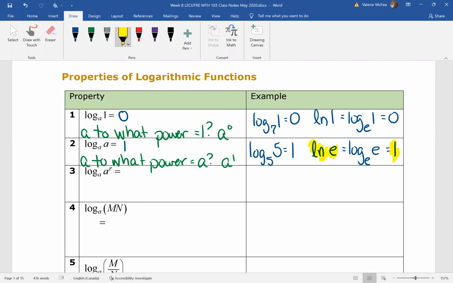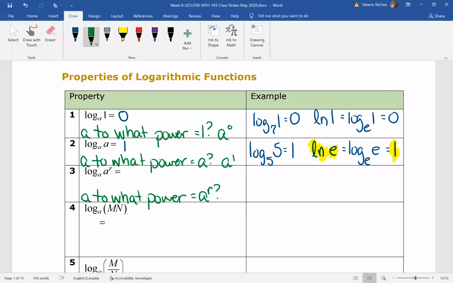What question is being asked in the log for property 3? A to what power equals a to the power of r? Well, it has to be a to the power of r that equals a to the power of r. So the answer here is r. Note that when the base and the base of our exponential function inside the logarithm are the same, the answer is the exponent.